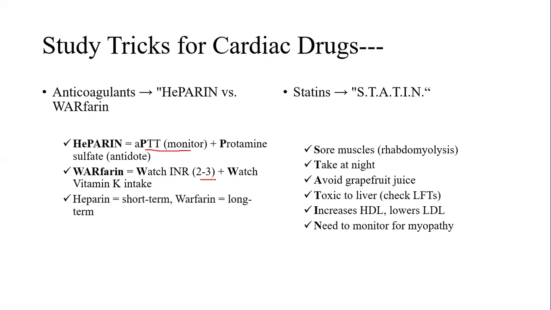Values other than these are a concerning thing. Watch vitamin K intake. Why? Because if a patient is taking a diet high in vitamin K, it's not going to work. And then heparin is short term, and warfarin we use for long term. Like if there is a valvular replacement, we put the patient on warfarin.